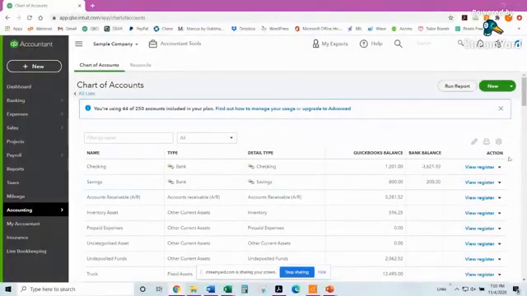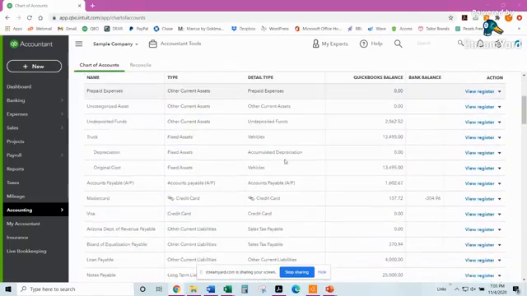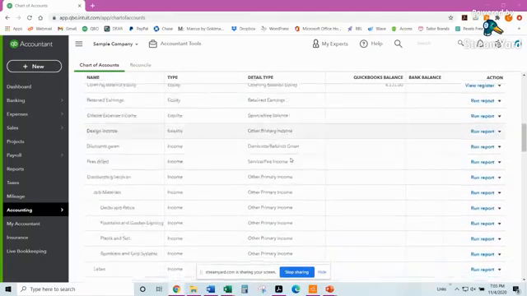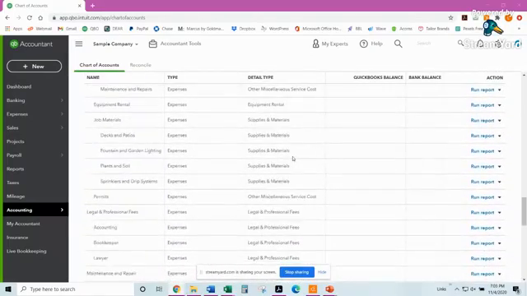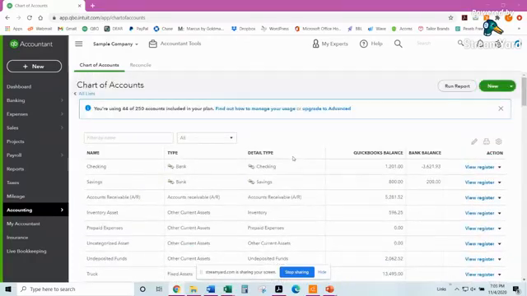Okay, so we are back in the chart of accounts on QuickBooks. And if you remember correctly, we just went through what some of the basics are to show you what the chart of accounts looks like. This is your hub. This is the hub of what everything entails in your accounting system.